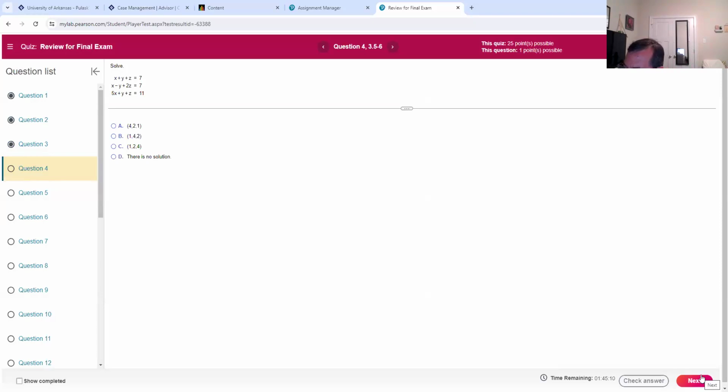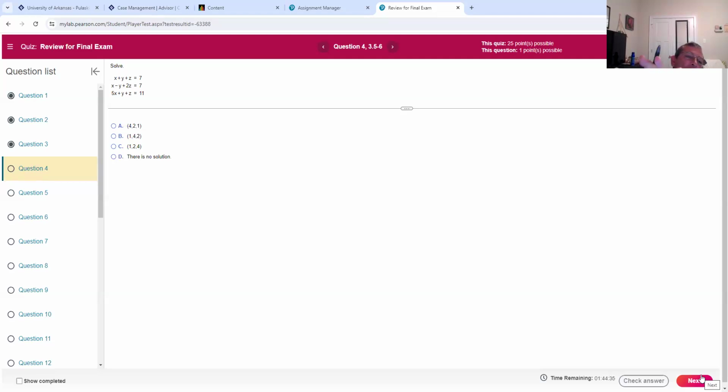All right, y'all, let me write this one down. This is number 4 here. So I got x plus y plus z equals 7. X minus y plus 2z equals 7. 5x plus y plus z equals 11.